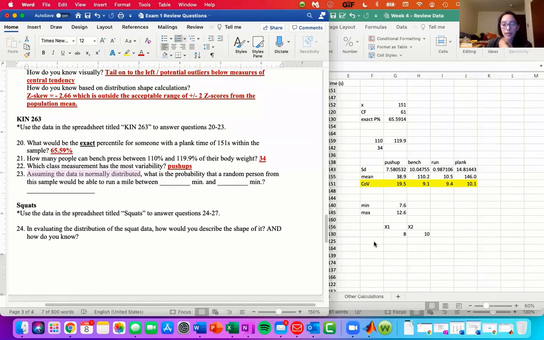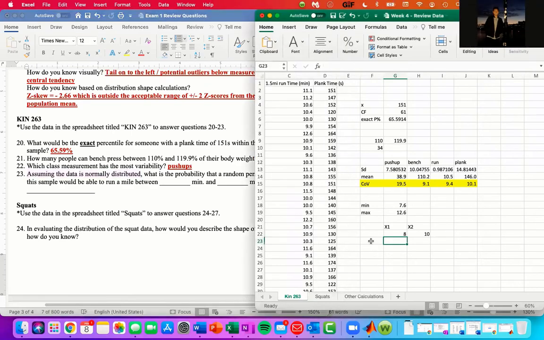Right? If we need to calculate z-scores, what information do we need to know about our data? The standard deviation. Standard deviation and the mean. The mean, right? And we're particularly interested in our runtime, which we've already calculated. So I'm just gonna put those values down here so we have them.